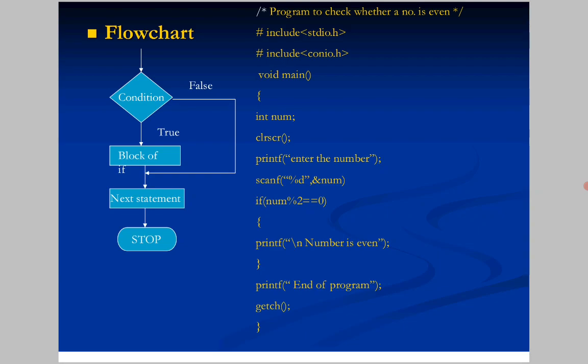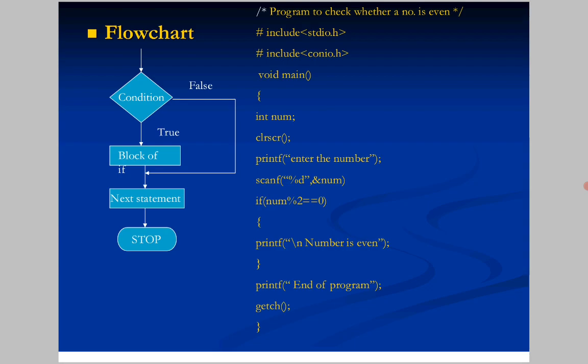Here the first statement is hash include stdio.h, the second is conio.h, next void main, next the local declaration int num, next clrscr is a function to clear the screen, next printf and scanf. Two functions are used, printf and scanf.